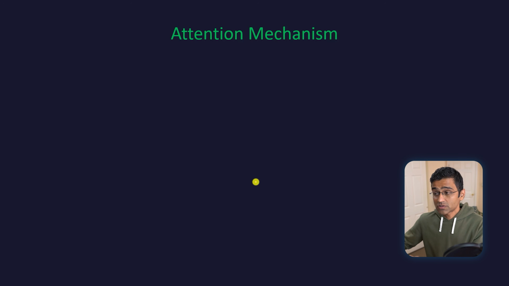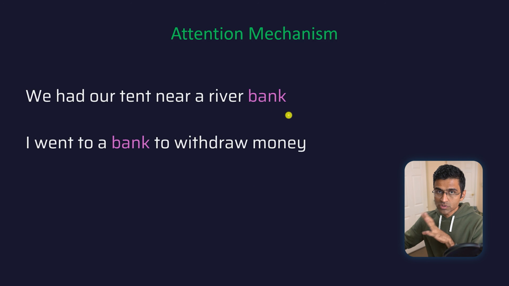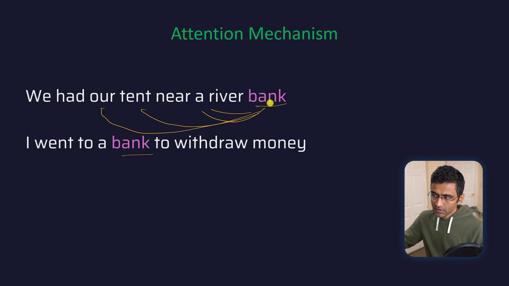At the heart of transformer architecture is the attention mechanism. What the attention mechanism does is, let's say you have two sentences and you have this word bank. It's a common word, but the meaning is different in these two sentences. When you are generating contextual embedding, this attention mechanism will make this word attend to all these different words in a sentence. So the meaning of the word is determined by its company.